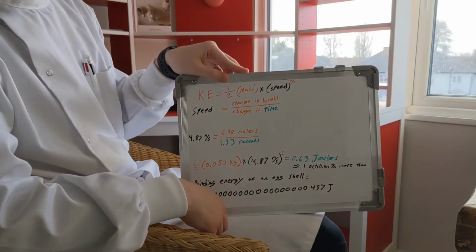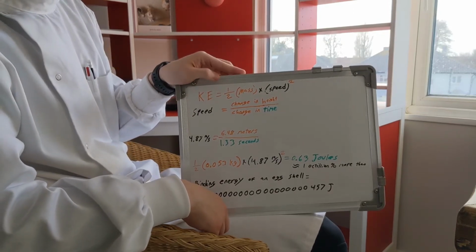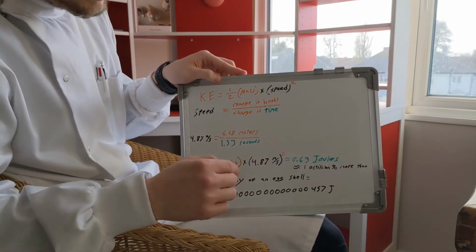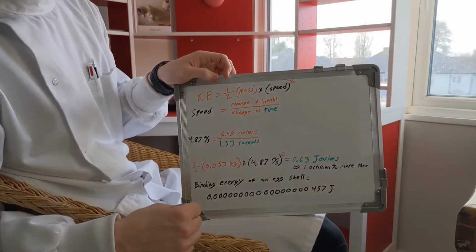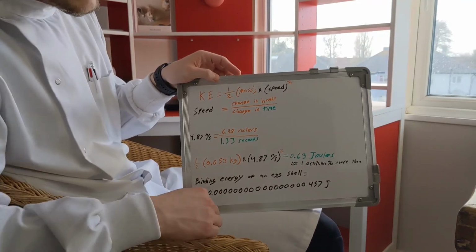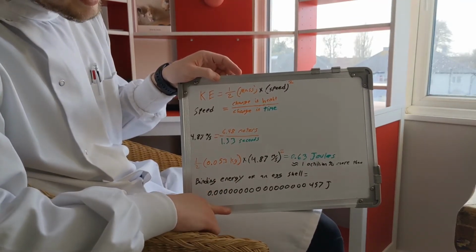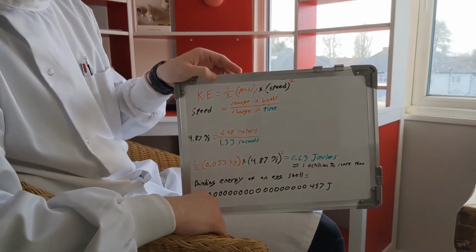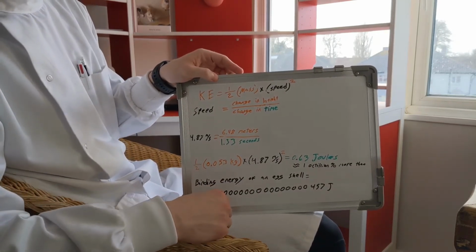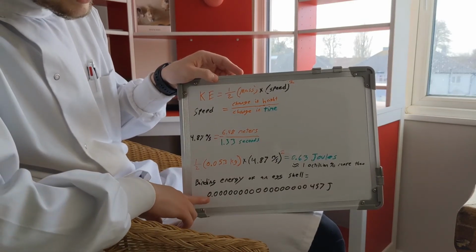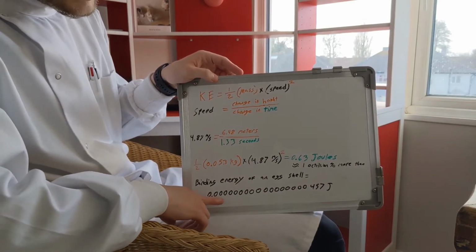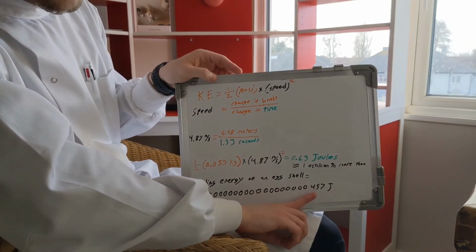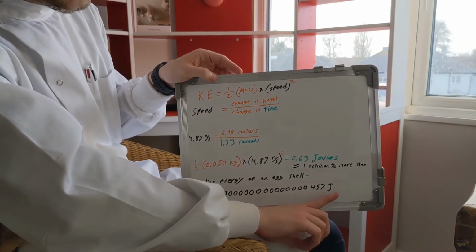Now that doesn't sound like a huge amount. 0.63 joules. I mean, come on. But if we look at the binding energy of the egg, that binding energy is, well, it's 4.57 times 10 to the negative 19th power. And what that looks like is 19 zeros followed by 4.57 joules.